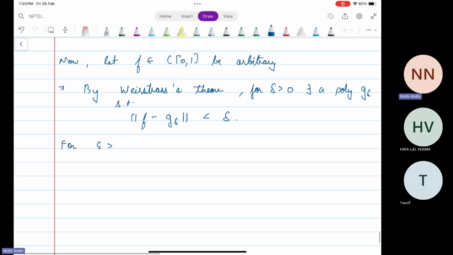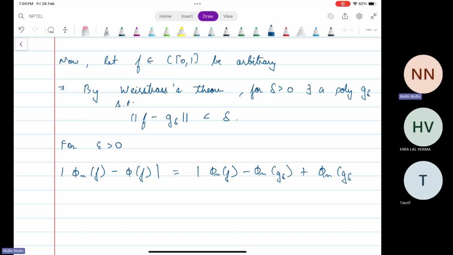Now for epsilon positive, consider phi n f minus phi f. So I can write it as phi n f minus phi n g delta plus phi n g delta minus phi f plus phi g delta minus phi g delta.